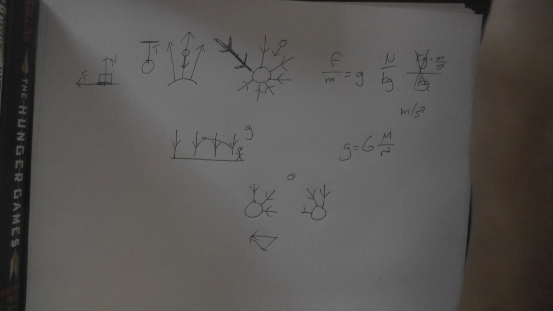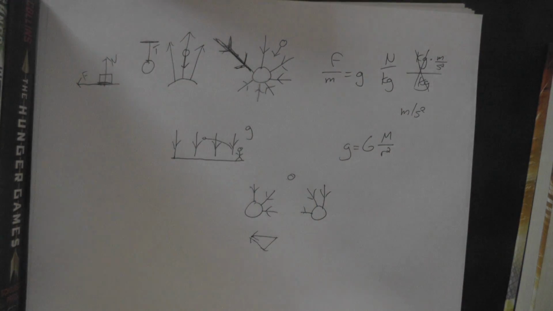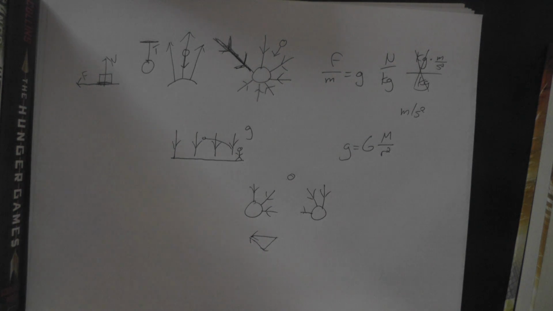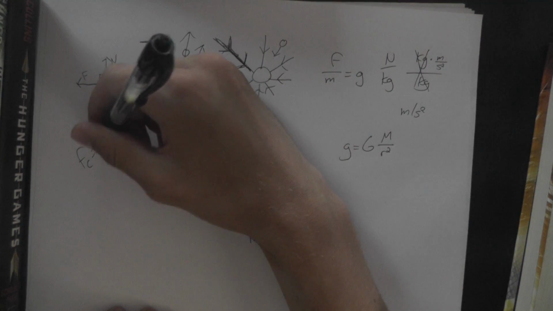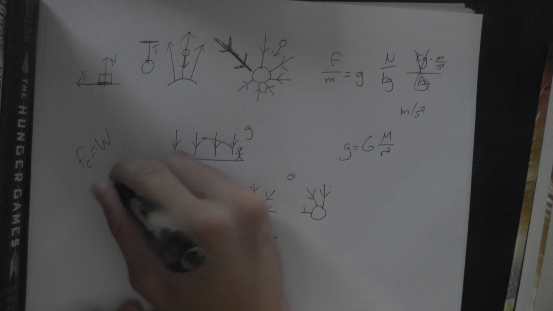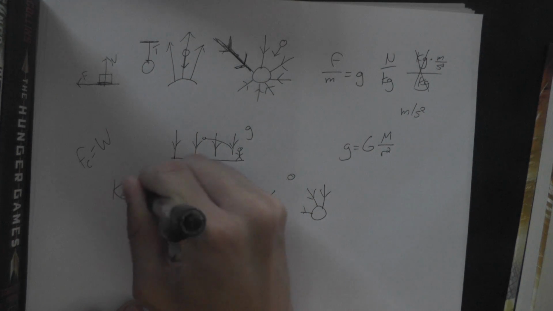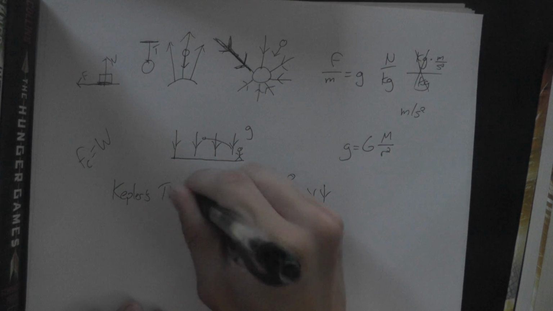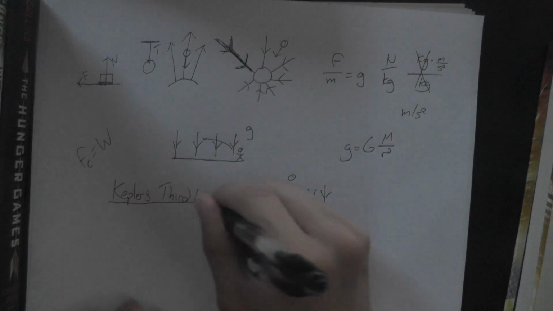Now, the final topic we're going to cover here is the idea of orbits. Now, remember in our last video when I said centripetal force can be caused by weight. And that is the case with the idea of Newton's universal law of gravitation, or in this case, Kepler's third law. Now, Kepler's third law is pretty simple.